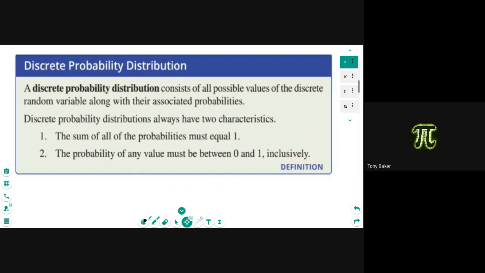And the probability of any value has to be between 0 and 1. 0 means it never happens, 1 means it always happens. Those same rules apply when we're looking at a distribution. Since we're looking at a group of values, you're probably not going to have zeros and ones in there, but it could happen.